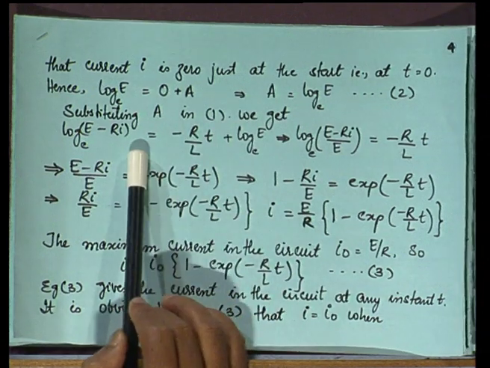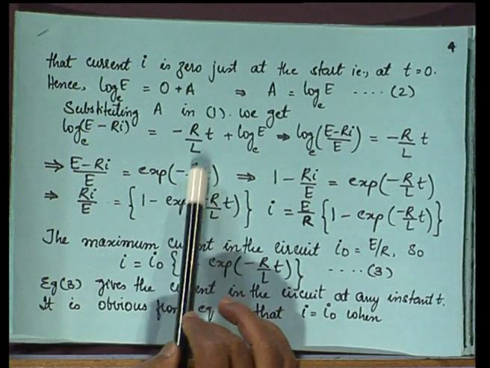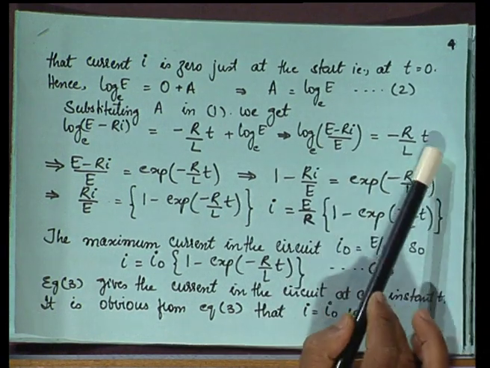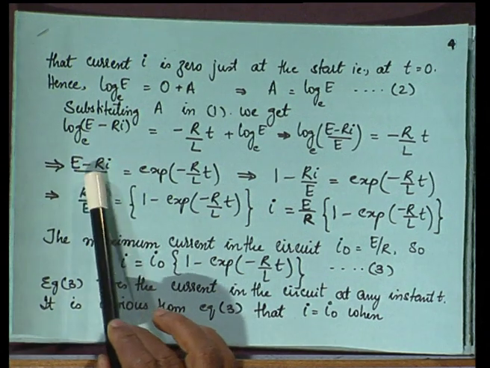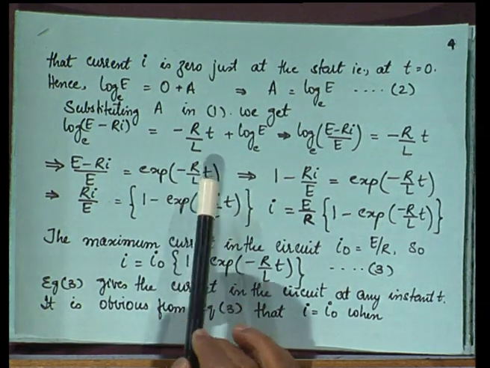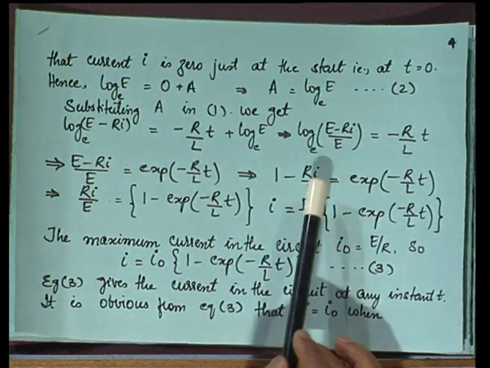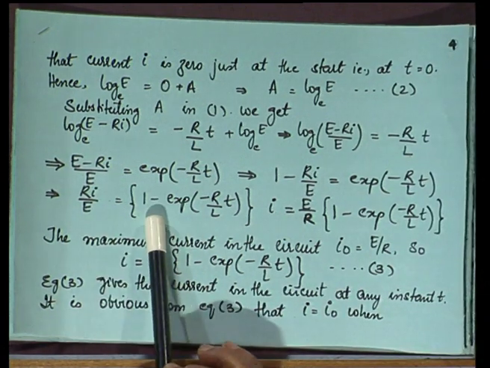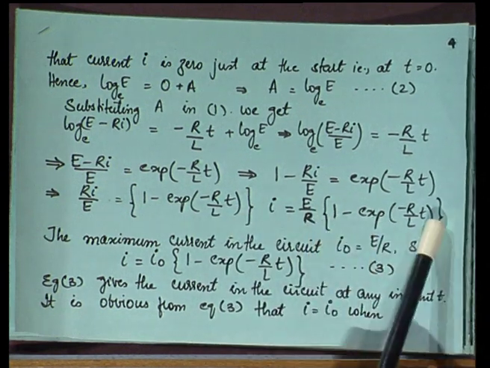Now if you substitute the value of A, log (E minus Ri) is equal to minus R by L into t plus log E. Therefore, log of (E minus Ri) by E is equal to minus R by L into t. Taking the exponential, (E minus Ri) by E is equal to e to the power of minus R by L into t. Rearranging the terms, Ri is equal to E into (1 minus e to the power of minus R by L into t), so i is equal to E by R into (1 minus e to the power of minus R by L into t).